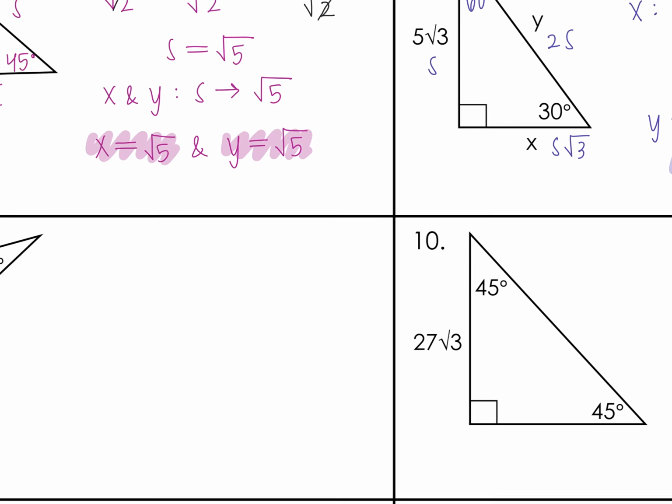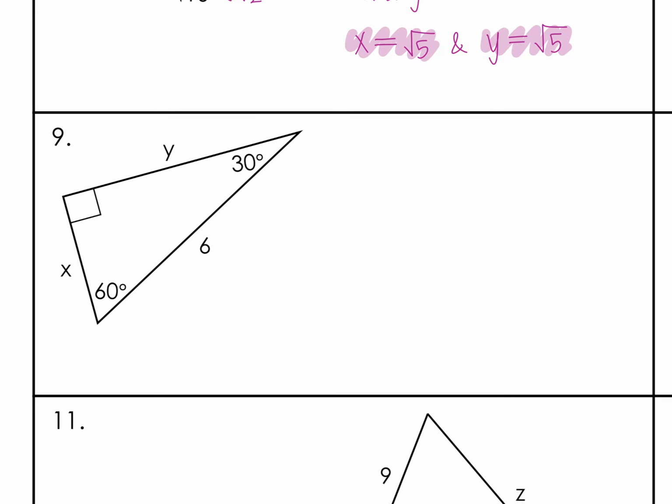Okay, moving into number 9. We have 30, 60, 90. So labeling, we've got our s is my x. My 6 is my 2s, and then s root 3 is my y. So here I know my 2s is equal to 6. Therefore, s, using division, is going to be equal to 3.